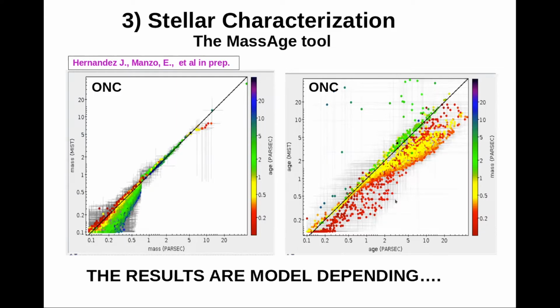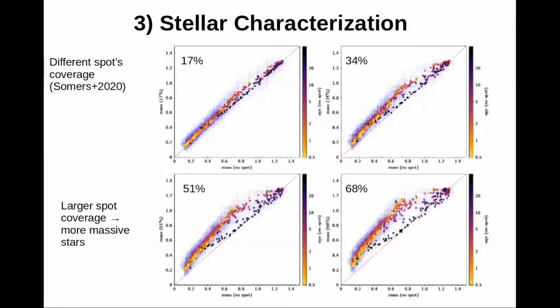But if we consider a non-standard model, that from Somers, the models from Somers include a stellar spot with different surface coverage. And we can see that models with more extensive stellar spot coverage will give us more massive stars.